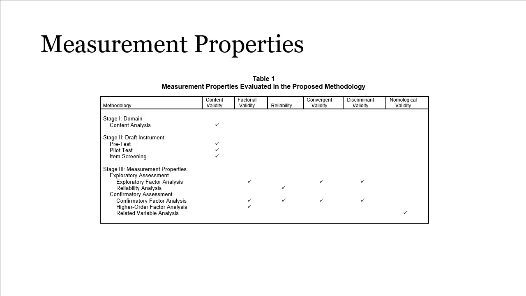If correlations among factors suggest a higher order construct, we test for higher order model validity. And the final step of stage 3 is related variable analysis. This involves using additional variables theoretically related to the construct to test nomological validity by analyzing relationships between the construct and related variables.